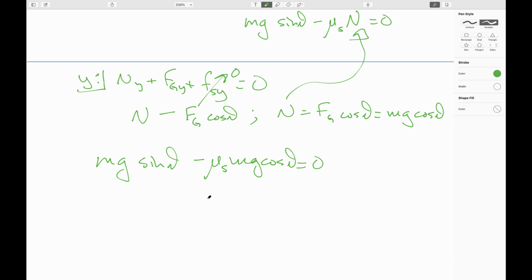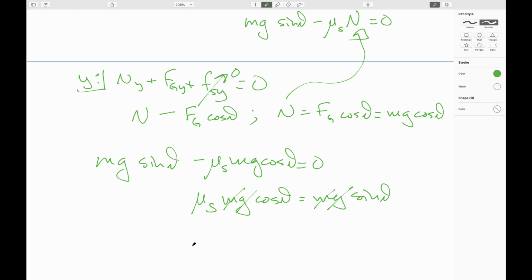And notice I never gave you the mass. If I didn't give you the mass, then that means it jolly well better cancel or we're in trouble. But that often happens in problems with gravity because of the equivalence of inertial and gravitational mass. So here we'll have mu s mg cosine theta equals mg sine theta. Hey, I can divide both sides by m and g, and they cancel out.